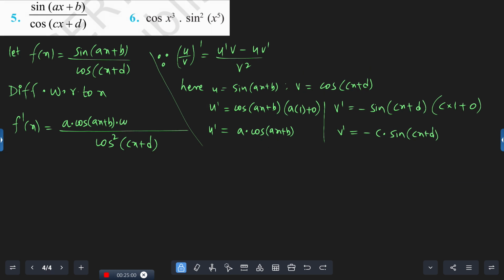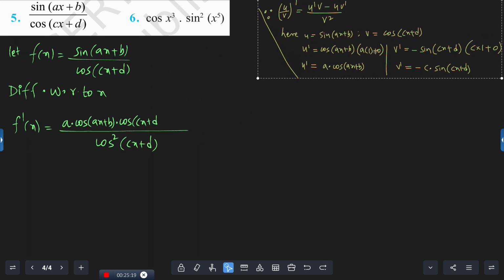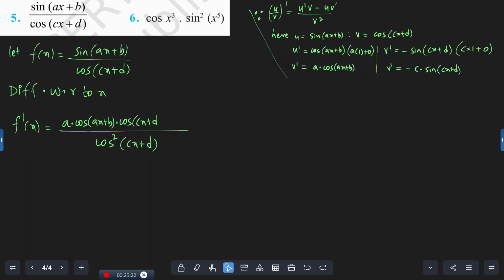Cos of cx plus d. So this is u dash v. After u dash v, the formula has a minus.